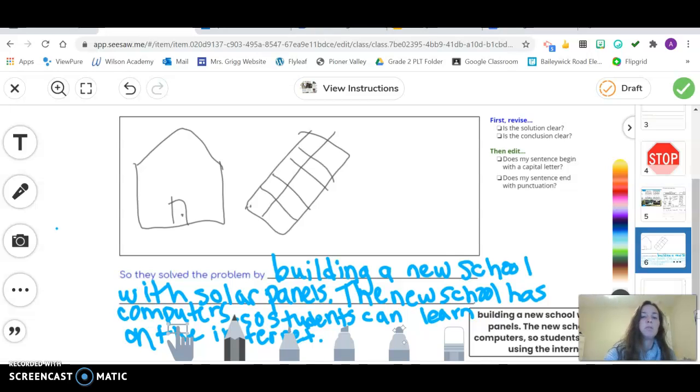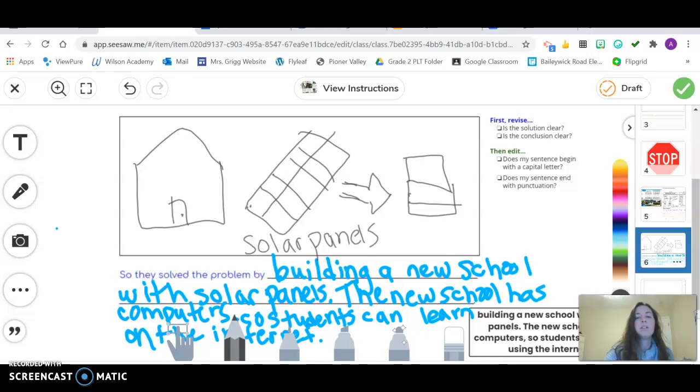I'm going to add a label, solar panels. Then I'm going to show an arrow to show that it helps kids get on the internet or on the computer. I'm going to use the word internet since that's what the author used.